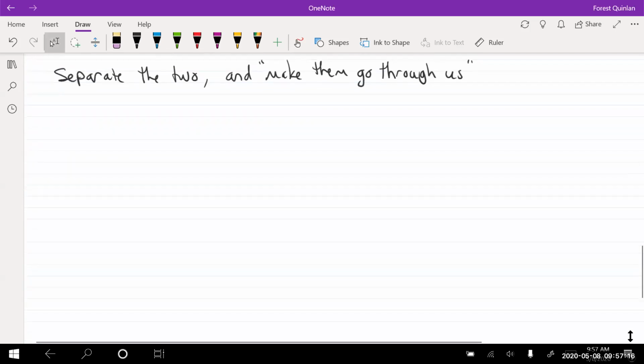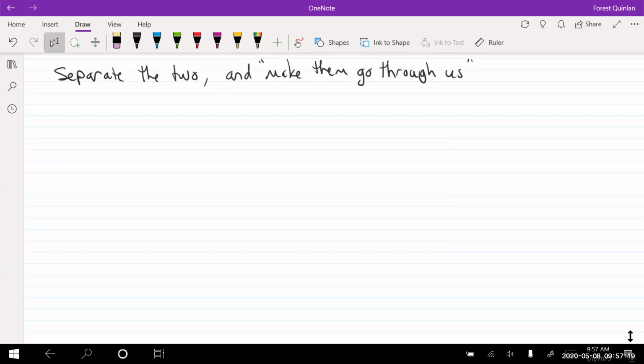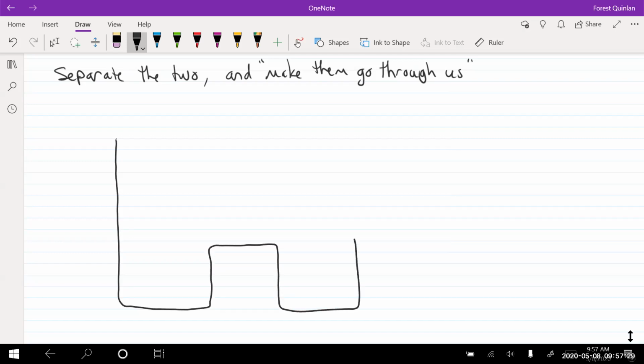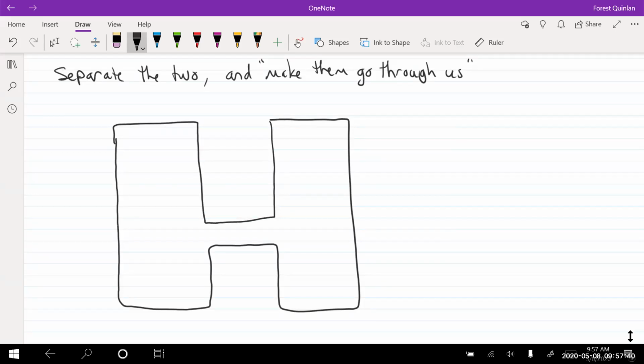Let's see. I thought about actually just importing a picture, but then you guys wouldn't be able to follow along. So I'm going to draw something that we call an H cell. It's so named because it looks like an H. Now, this H cell has a little thing here in the middle.